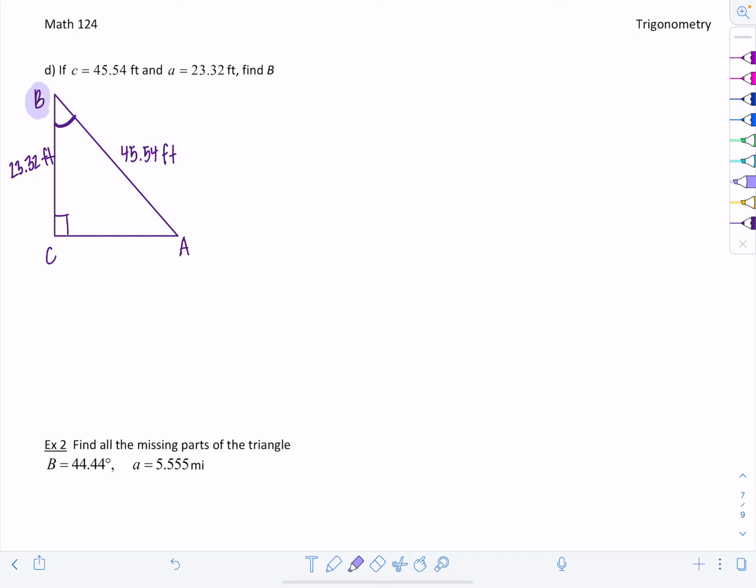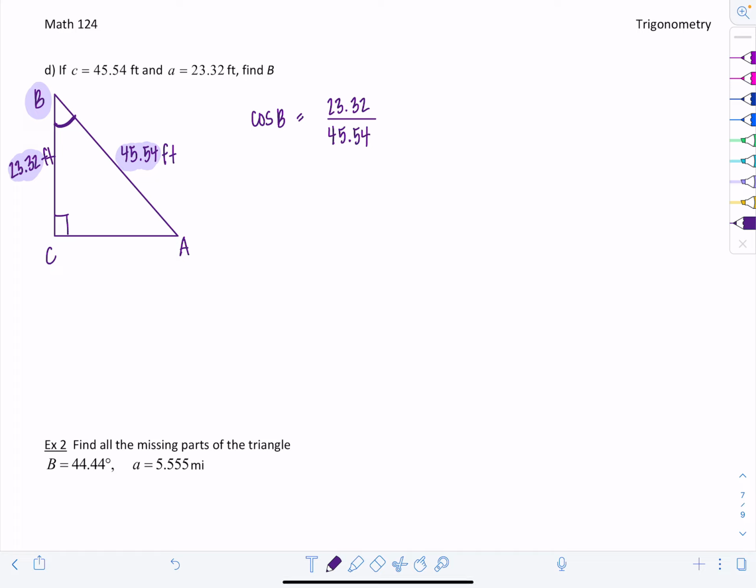Okay, so in reference to angle B, what are we working with? This is the adjacent side, and this is the hypotenuse. So adjacent and hypotenuse, it's time to use our good friend cosine. So cosine of B is equal to 23.32 divided by 45.54.